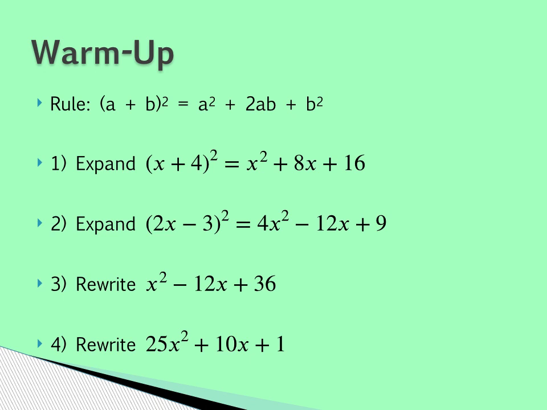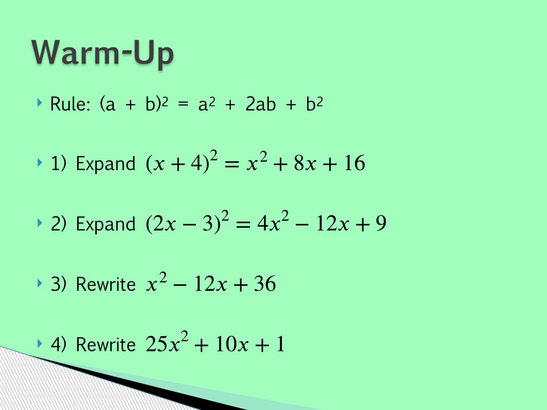So for the second one there, I've got 2x minus 3 in a binomial squared. So I'm going to square 2x. You want to be mindful here that if you have a term that is 2x or anything other than just a regular x, you want to square both the coefficient and the variable. And so that's why I have 4x squared there.